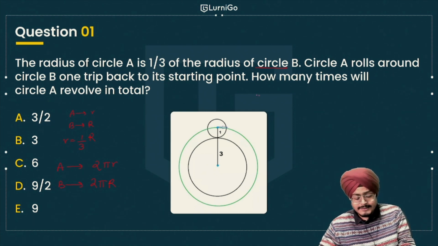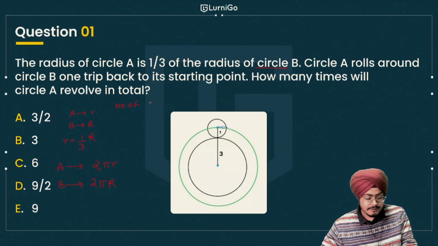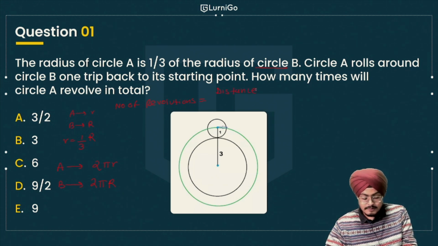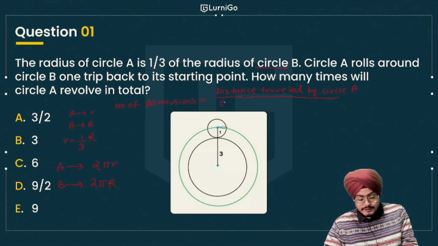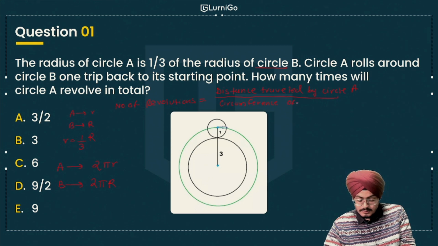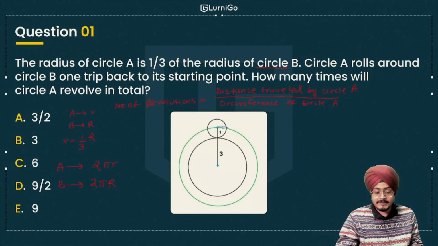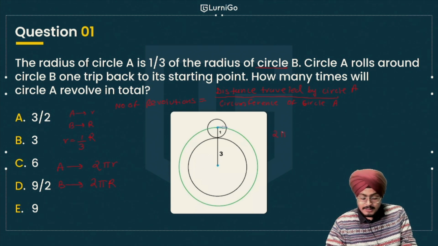So the formula is number of revolutions is equal to distance traveled by circle A over circumference of circle A. So as you know from the problem itself, my distance traveled by circle A is 2 pi capital R, right?